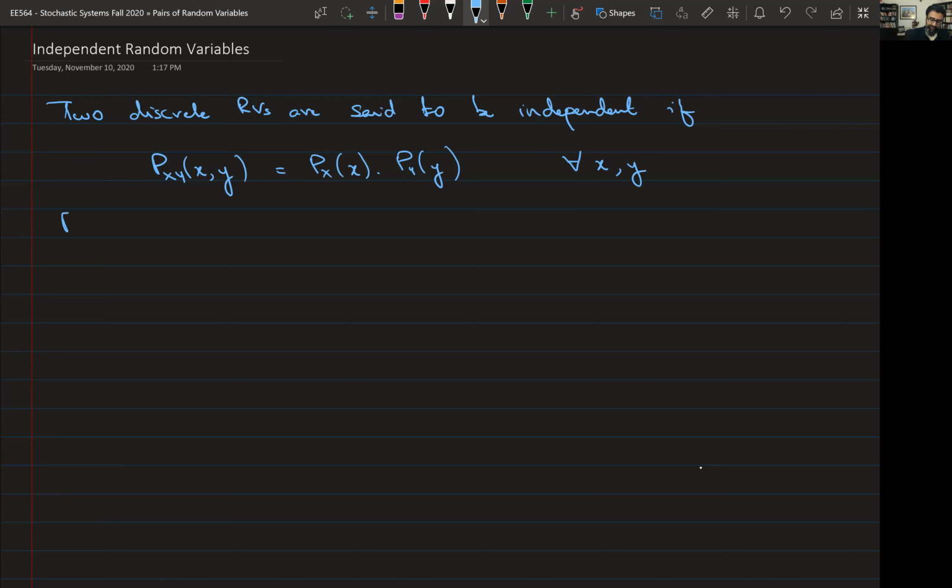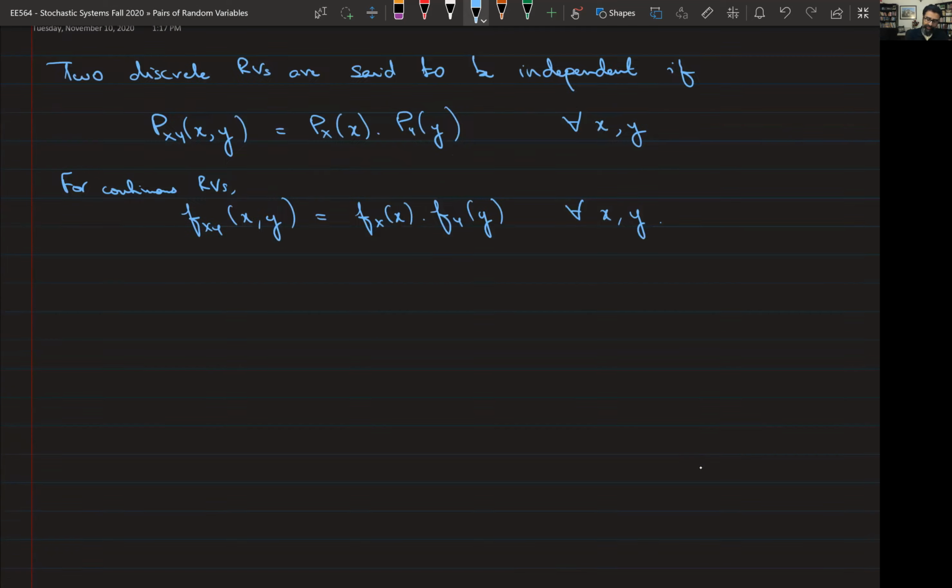And for continuous random variables, we have that the joint PDF must be a product, fX times fY, and this must hold for all x and for all y. If this condition is satisfied, we say that the two random variables x and y are statistically independent.